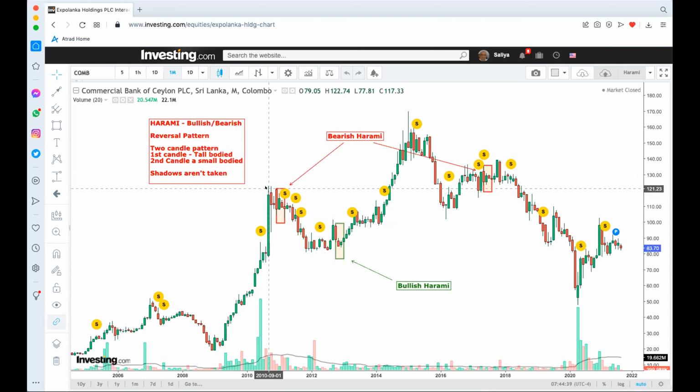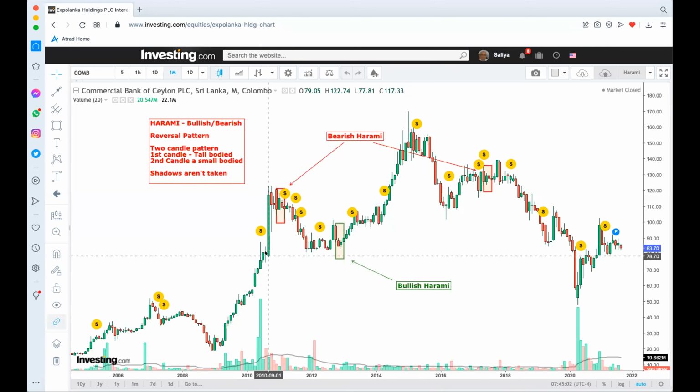If the market has to come down, then the low here has to be broken. So you have a price range here. If by any chance the prices go sideways within this range, that is known as a consolidation.